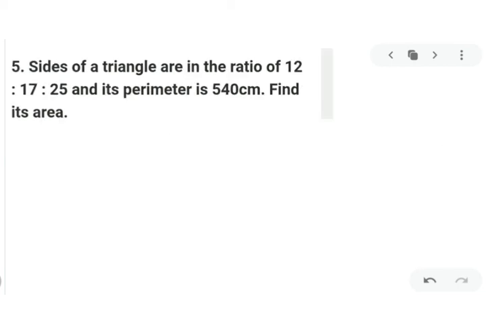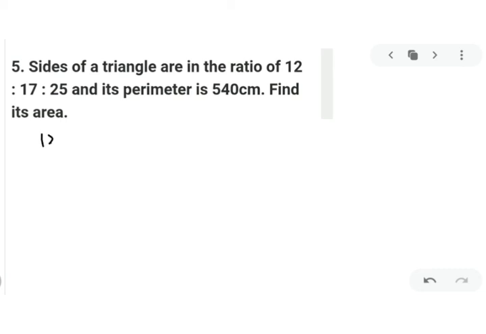Let's take our next problem. The sides of a triangle are in the ratio 12, 17, 25, and the perimeter is 540. You have to find its area. Now the ratio is given as 12, 17, 25, and naturally we take x with them to make them a number.